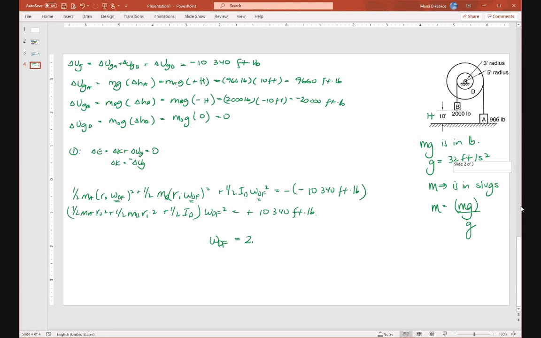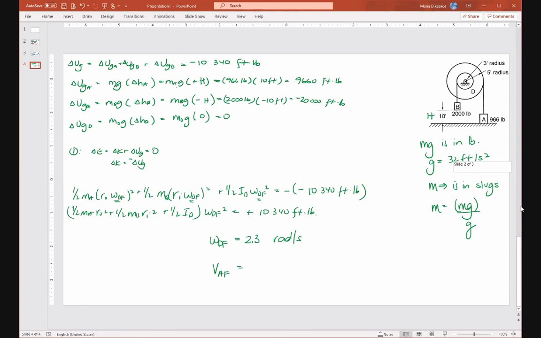I got something more like 2.3, but okay, 2.2, 2.3. I got 2.157 rads per second. When you plugged in all your values, what did you get? It might just be rounding because I rounded way early on. Okay, that's fine.